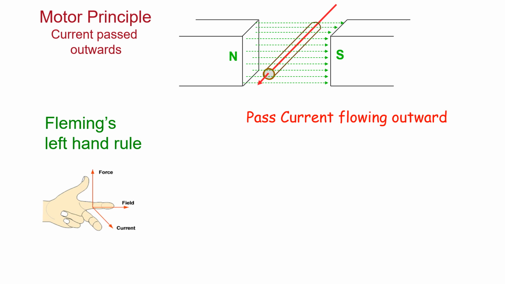The direction of the force is shown by the thumb. It is now upwards. So because of this current carrying conductor placed in the magnetic field, a force is acted on the conductor towards up, and because of that the conductor moves upward.